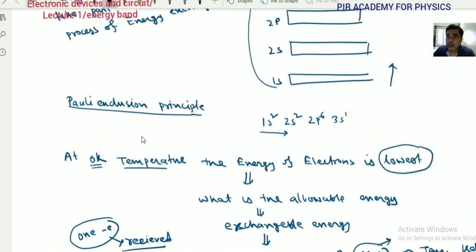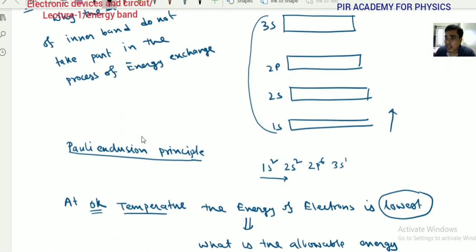Okay, now you go to these states. If you take the 1s energy level, this energy level is completely filled. The 2s energy level is completely filled, and this 2p is completely filled.